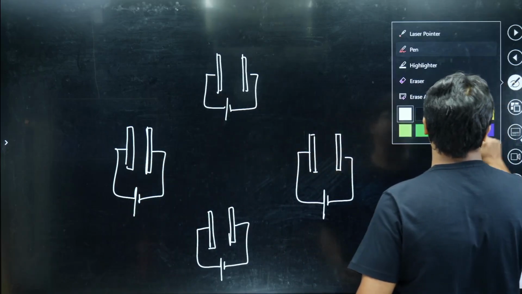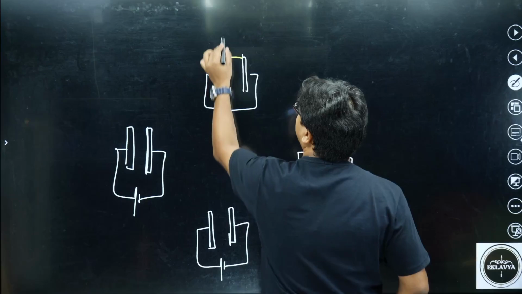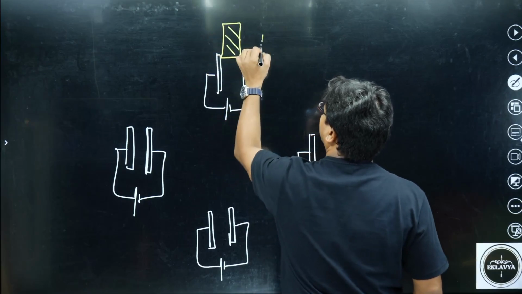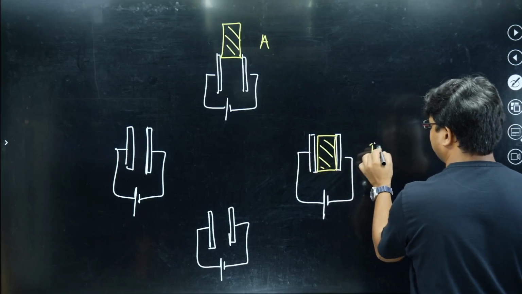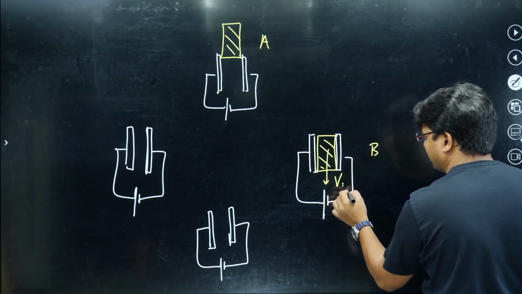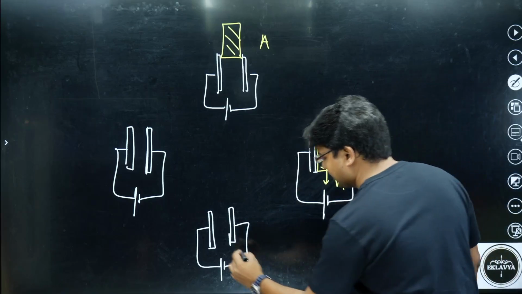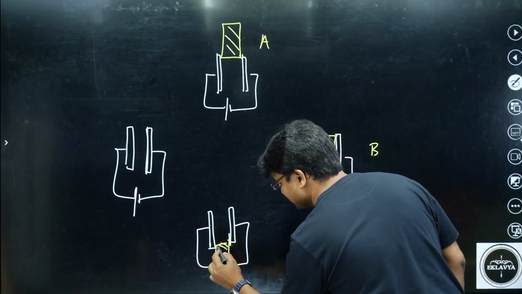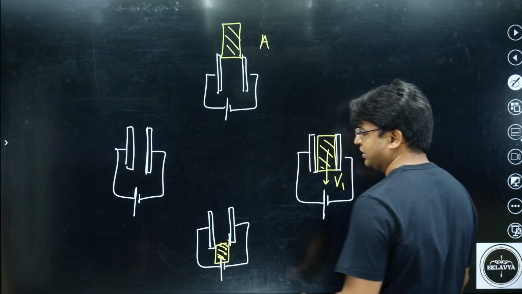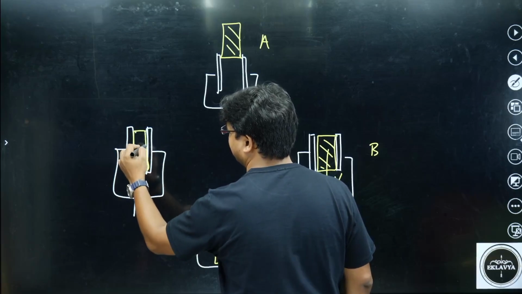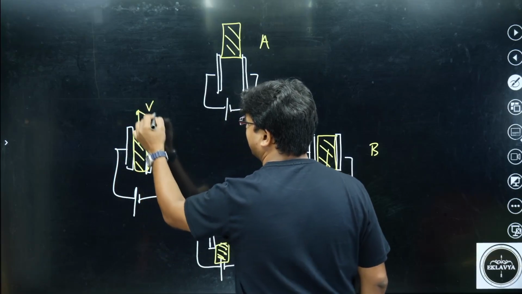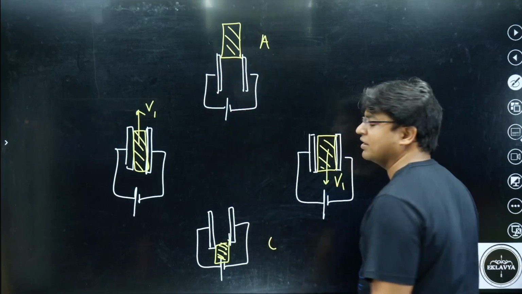Okay, so this was our starting position A. This is our next position B, in which it is moving with V1, which is actually maximum. Here the slab is almost out, speed is 0. Okay, this is position C, and then it goes into this position. Now the speed is upward V1, and then it again comes to this position.